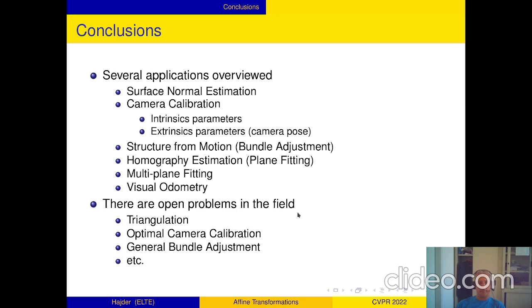We have examples of a multiple plane fitting algorithm, and I think that I have listed all the shown examples. But there are open problems in the field, and I highlight here only three: the triangulation, the optimal camera calibration, the general bundle adjustment algorithm. But I think that there are many other interesting problems for which the affine transformations, the affine correspondences, can be utilized.